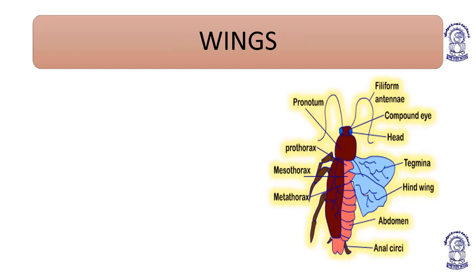Now coming to next, wings. So when we talk about wings, there are 2 pairs of wings. As in the diagram you can see, one is the forewing and the other one is hind wings.